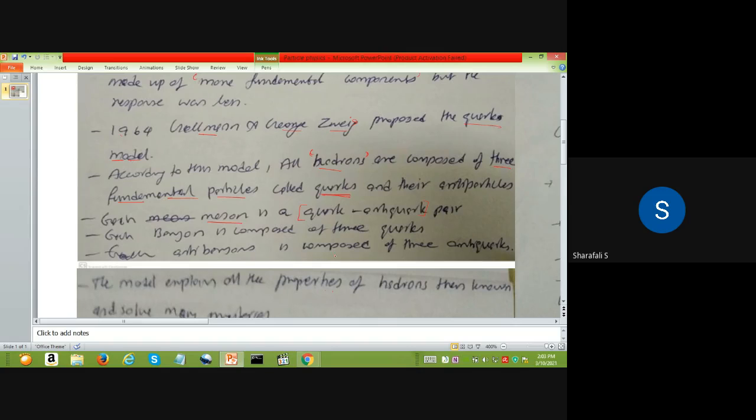And if you consider baryons, from the hadrons, these baryons are composed of three quarks. They have three quarks, not only two, and they can be different. So for the mesons, it is a quark anti-quark pair, but baryons have three quarks.